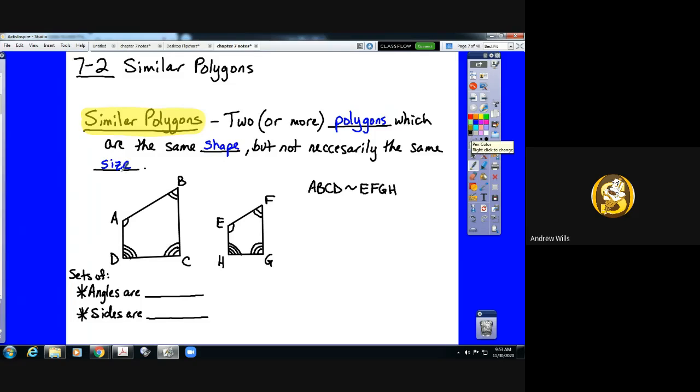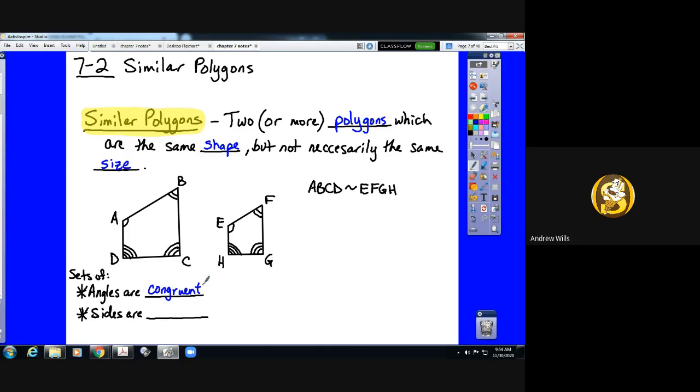All right, so what we're saying here is that in order to guarantee the same shape, the angle pairs are congruent, just like they were for congruent polygons. Okay, so you'll notice the markings in the picture. Each angle in ABCD is paired with an angle in EFGH.